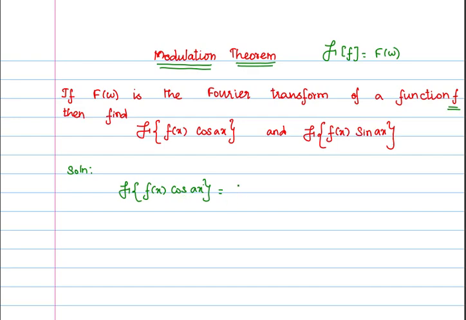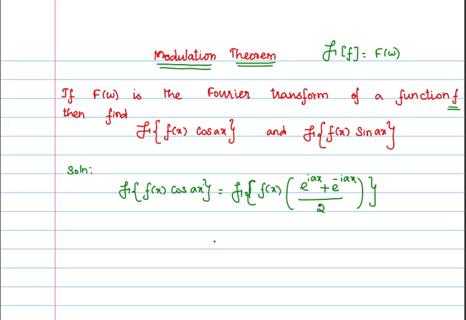Using this, f(x) times cos ax is f(x) times (e^{iax} + e^{-iax}) divided by 2.